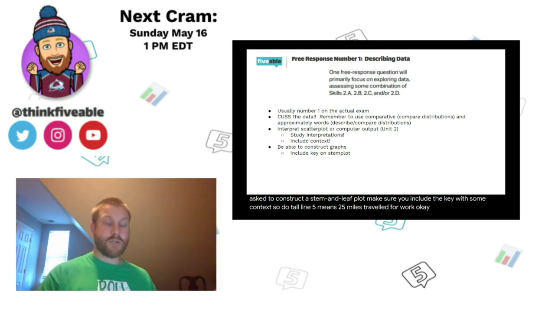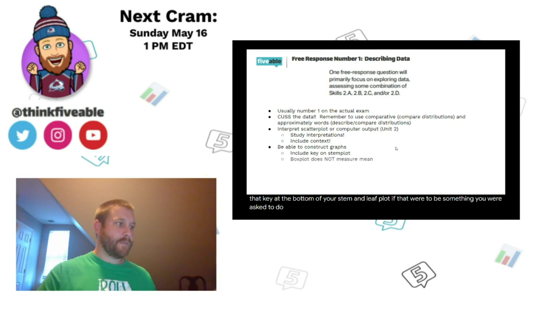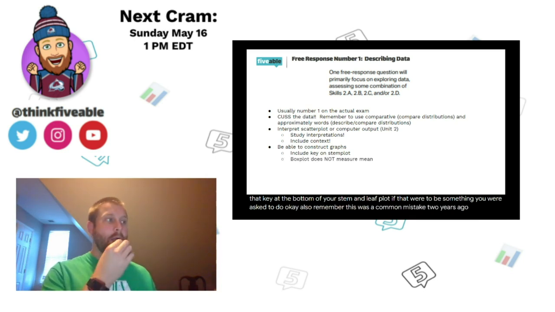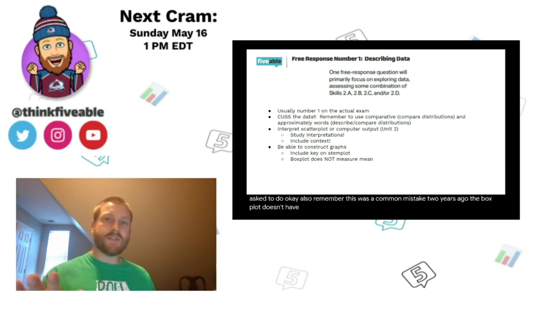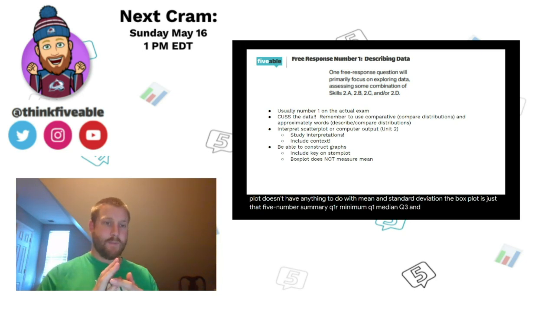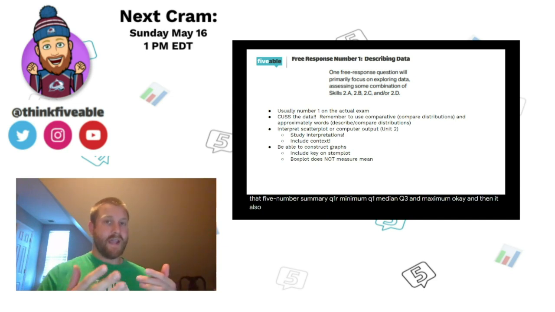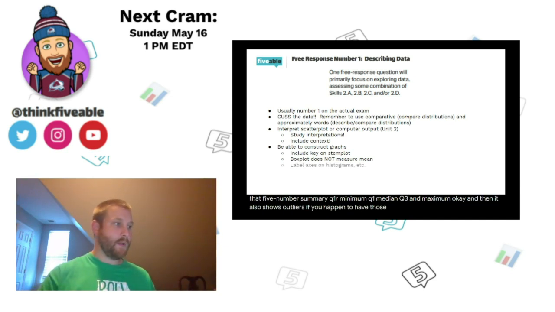Make sure you put that key at the bottom of your stem and leaf plot. Also remember, this was a common mistake 2 years ago, the box plot doesn't have anything to do with mean and standard deviation. The box plot is just that 5-number summary: minimum, Q1, median, Q3, and maximum. And then it also shows outliers if you happen to have those.